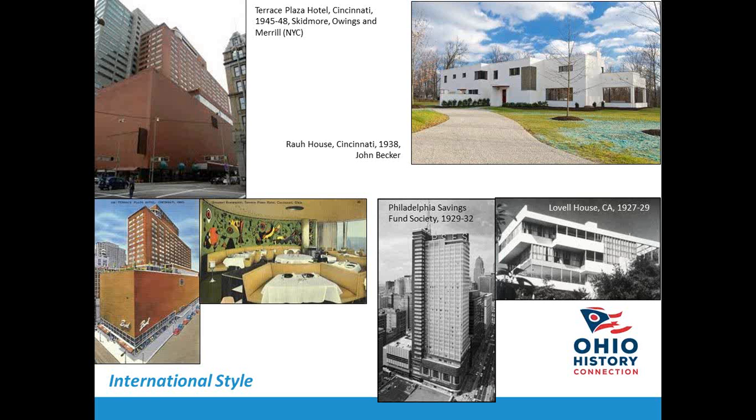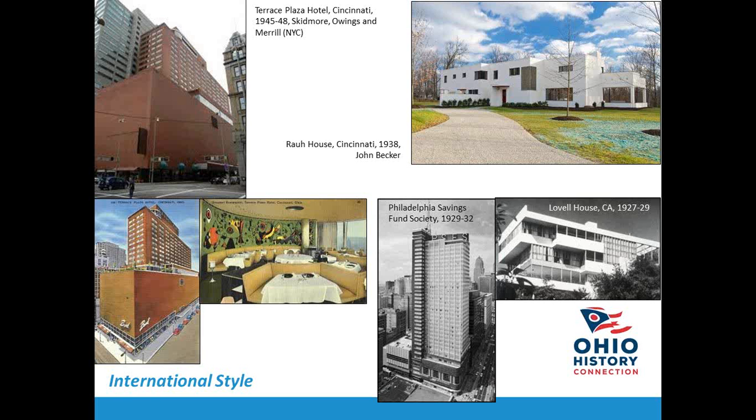It's not a single style or design approach, and I think we'll see that as we go through today's webinar, but it represents various individual expressions. And truly, it was a new architecture that was designed and created for the 20th century.